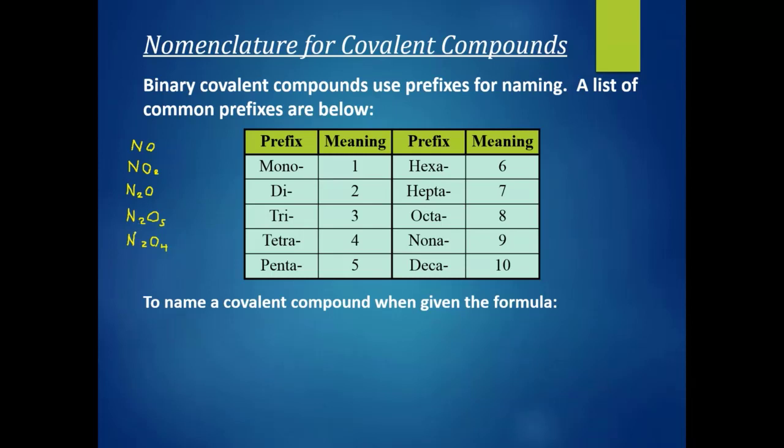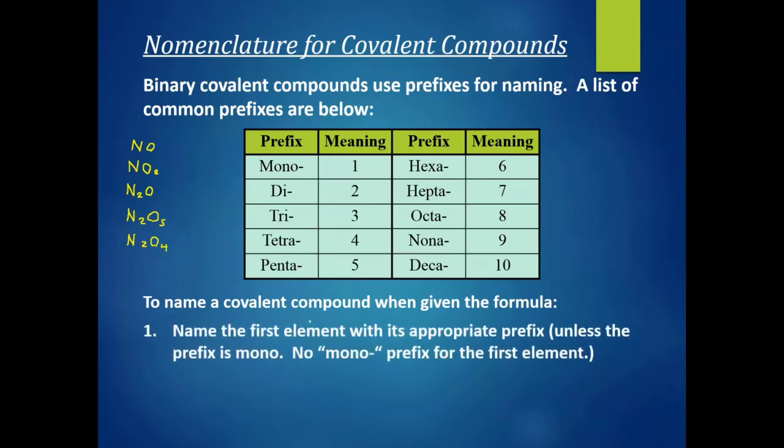All you have to do is name the first element with a prefix, unless there's only one of them. Then you don't need to use the mono prefix for the first element. So in this case, nitrogen, I don't need to use the mono prefix. If I'm naming this one right here, I can just call the first element nitrogen.